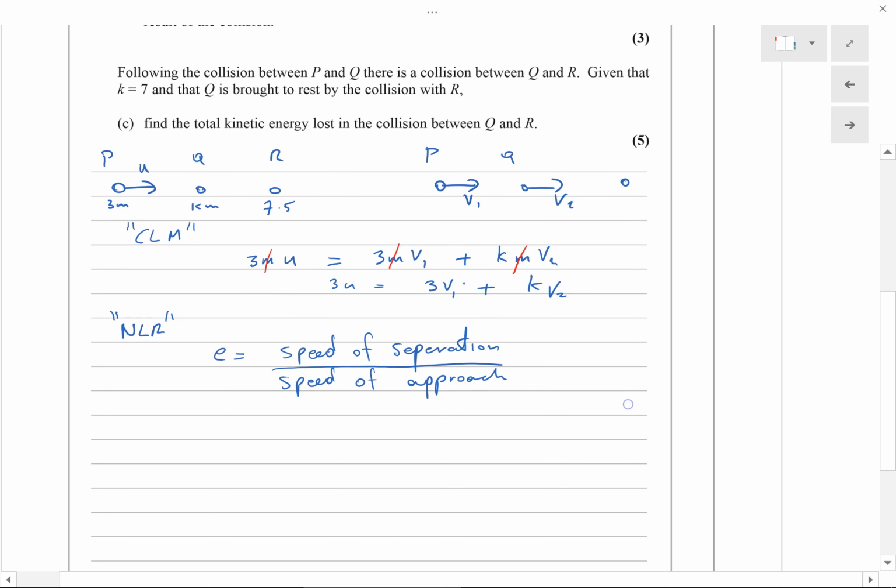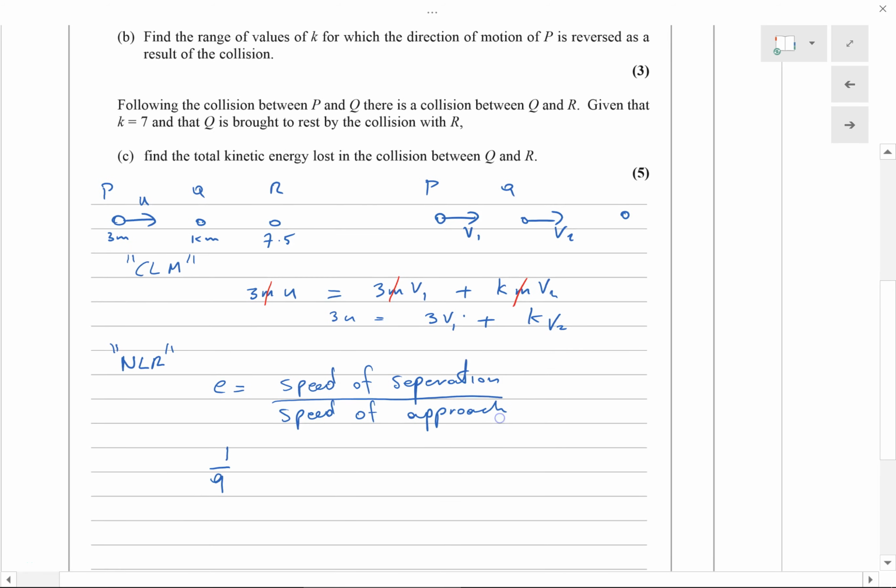So that's 1 over 9, because we're given that number, is equal to speed of separation. Well, these are going to go apart from each other. V2 is going to be the greater of the two. So V2 is going to be greater than V1.